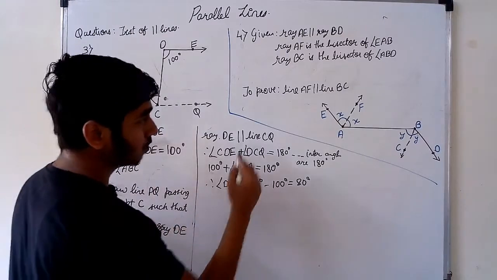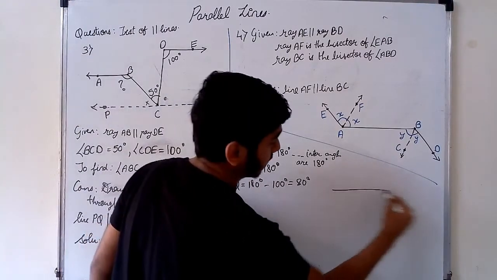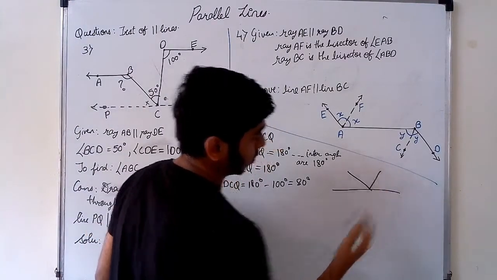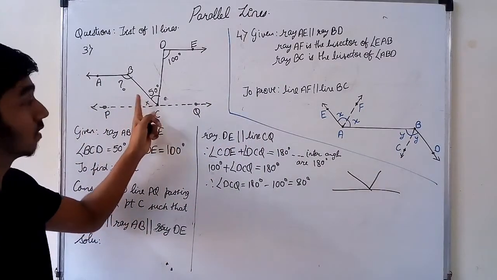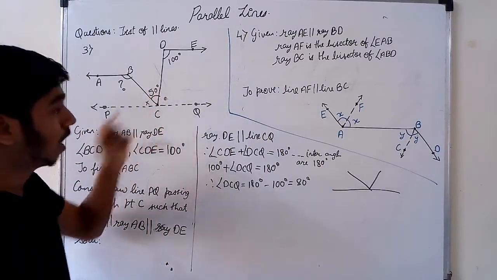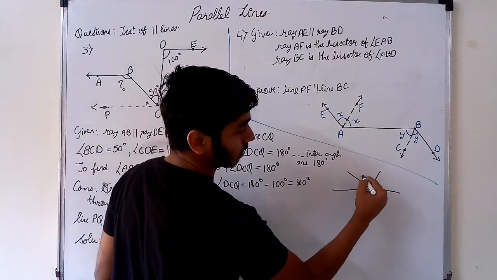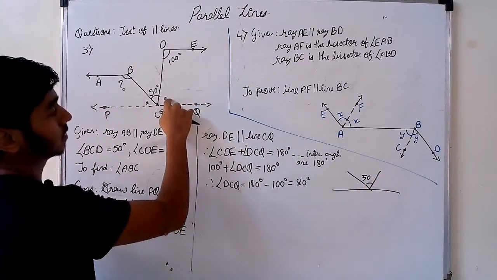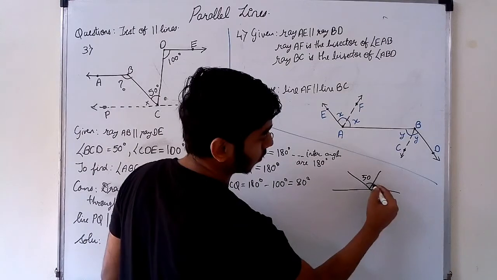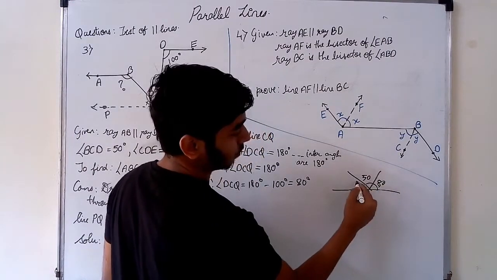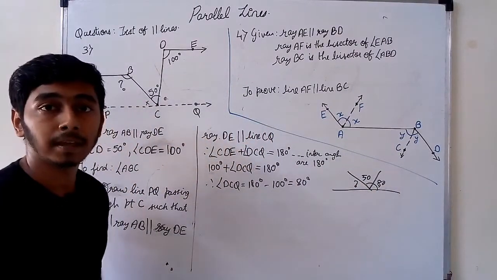Now, as you can see here, there are three angles here, 1, 2 and 3, out of which this is 50 and this is 80 we have got, and we have to find this, correct?